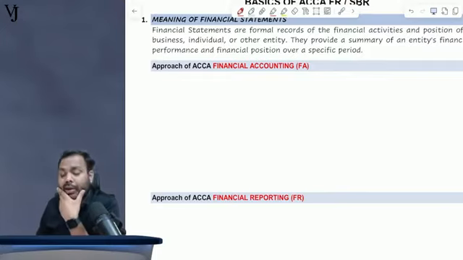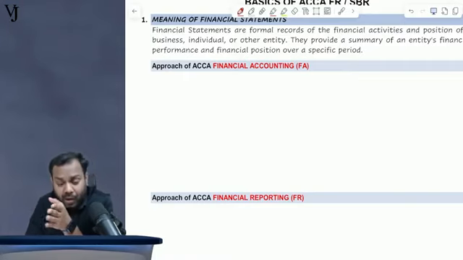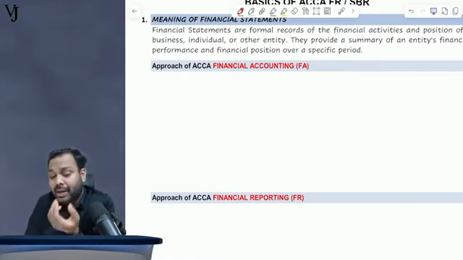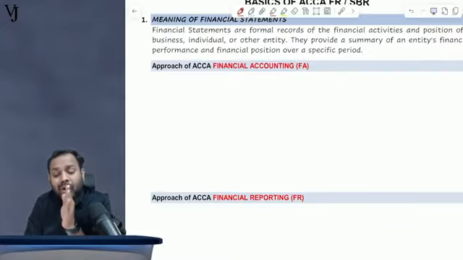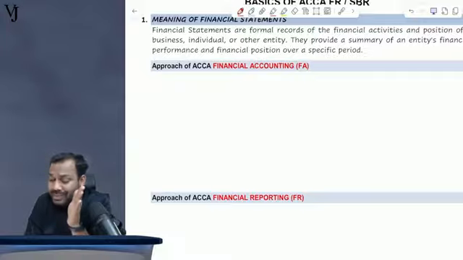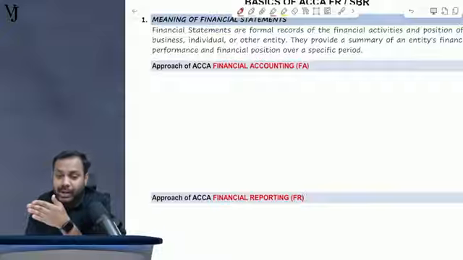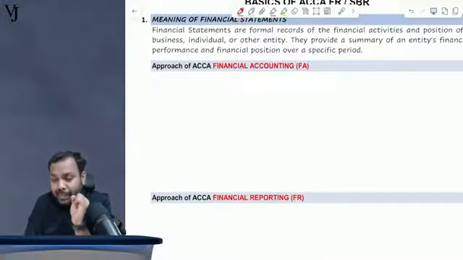Now Andrew has a query that no new IAS is created. No, if any standards are created now, they will be created by the name of IFRS, not IAS. IAS was created from 1973 till 2001. Subsequently, no new IAS can be created.